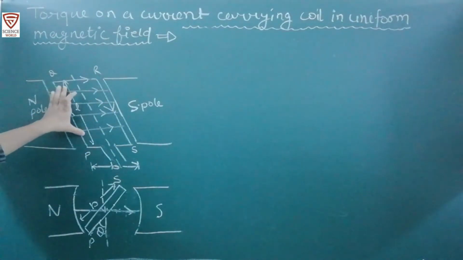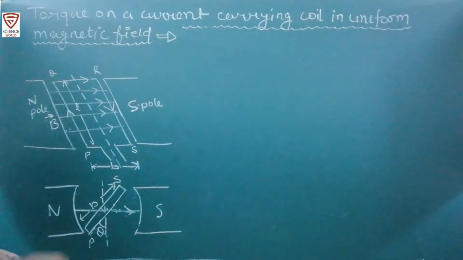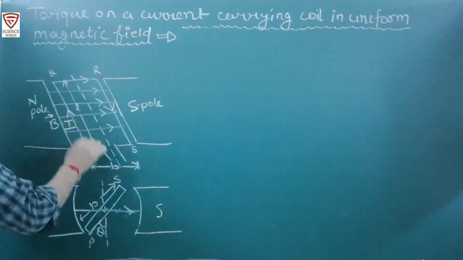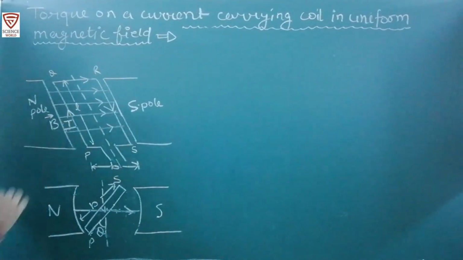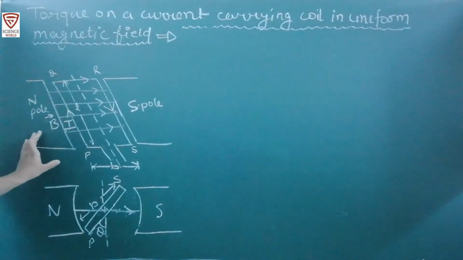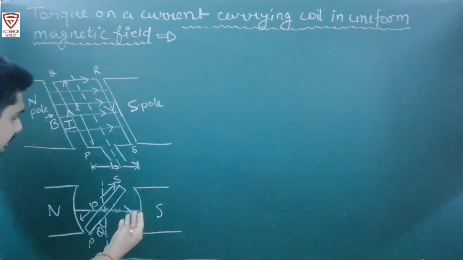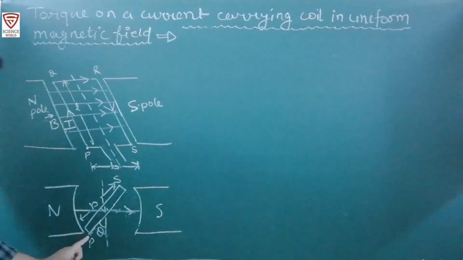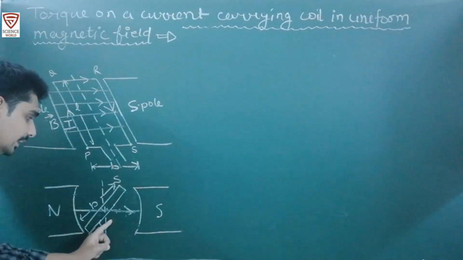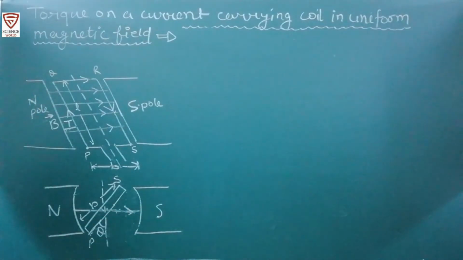The length of this coil is L and the width of this coil is P. And current I is flowing through this coil in the direction from P to Q to R to S. So this is the pictorial view. I have drawn a front view here. When you see it from the front, you will see points P and S. This segment makes theta degrees from the perpendicular to the magnetic field.